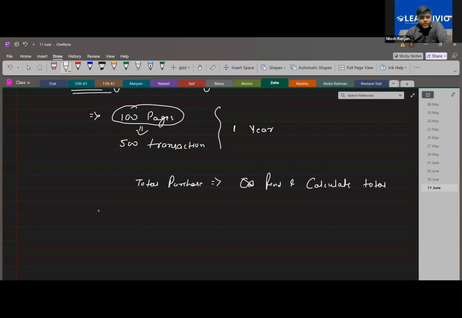If we are doing the same thing for total sales, the same work we have to do. You have to find all the sales. Again we have to do the same thing. So every time we need some information, we have to go through all the pages of the journal.